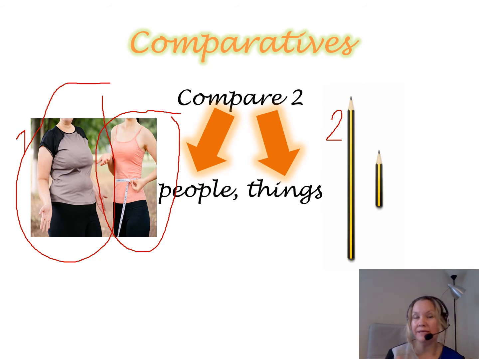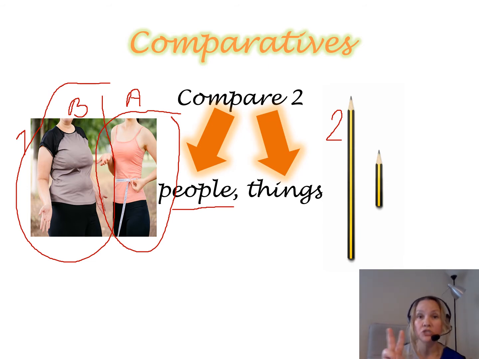I can use maybe slim to compare these two people. Let's put A and B. So A is slimmer than B. Okay, so I'm comparing them about their weight.